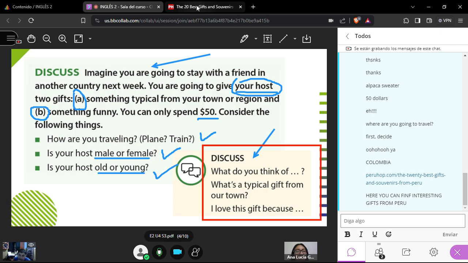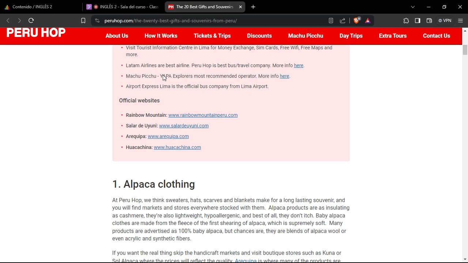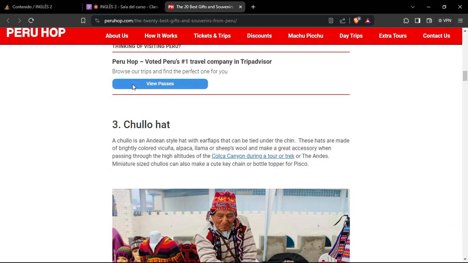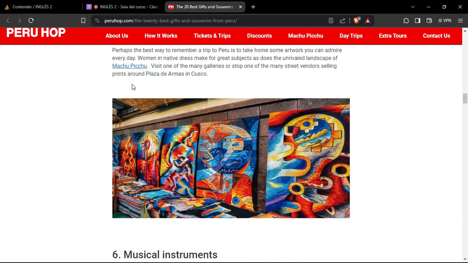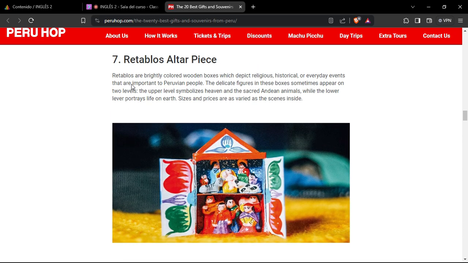Plane will be easier, but we should be careful with the drinks. If we pack it properly, it wouldn't be a problem.